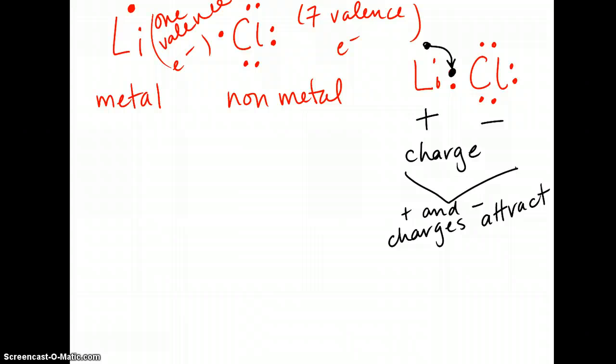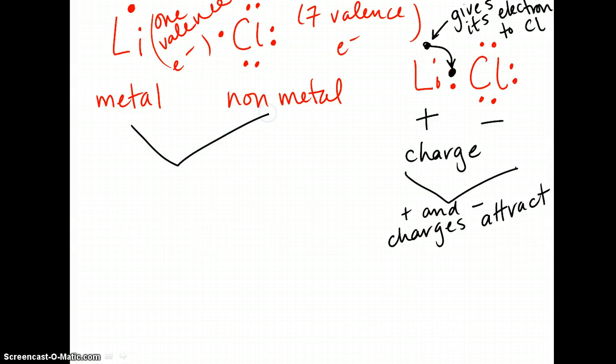All right? So these two will actually stay together based purely on their charges. And it's because in this situation, lithium gives its electron to chlorine. All right, when you have a metal and a non-metal coming together where they give electrons, one gives an electron and one takes it, we call those ionic bonds.